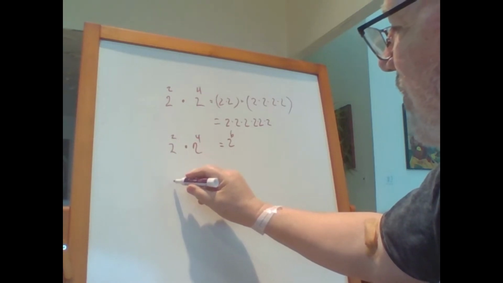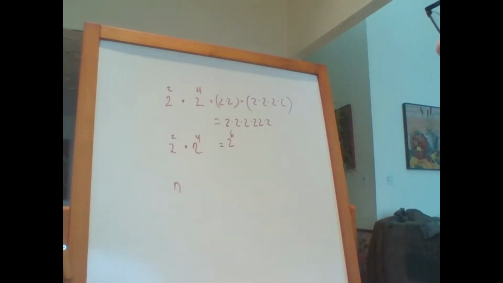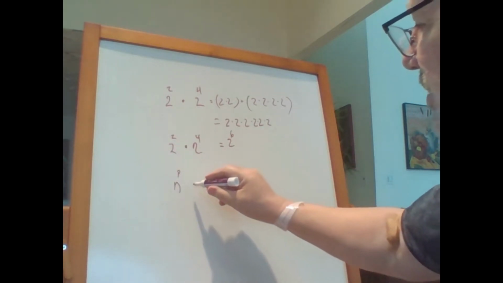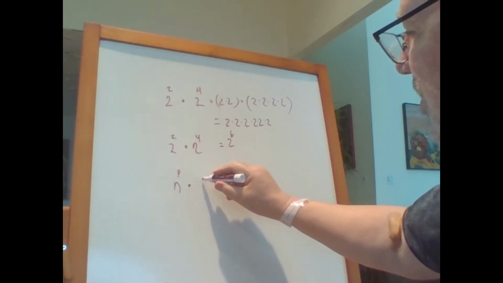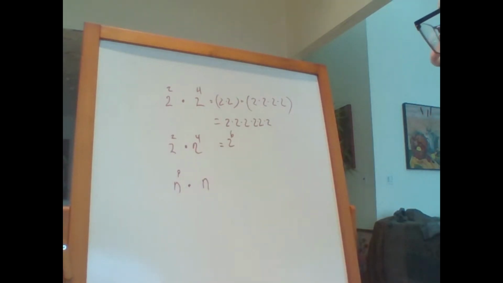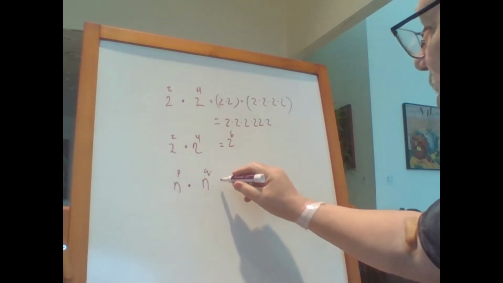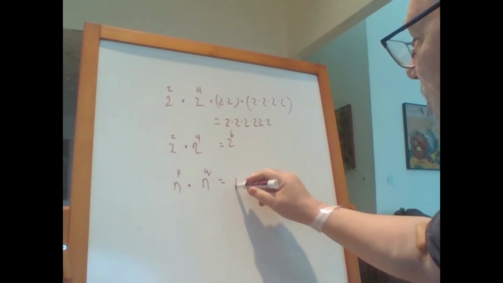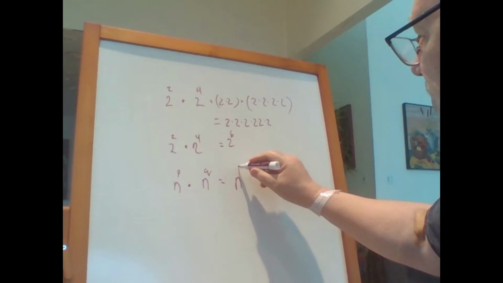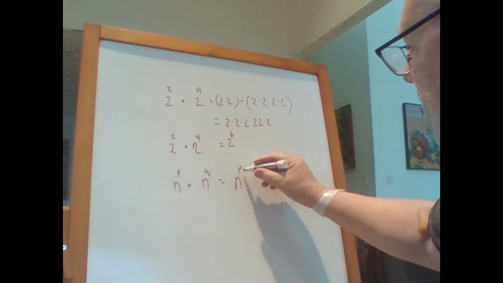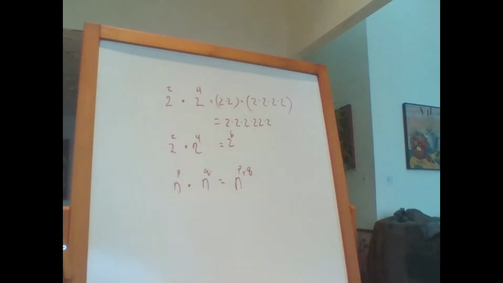So if we have a base n to some power p times n to some power q, the result is n to the p plus q. And that is the law of exponents.